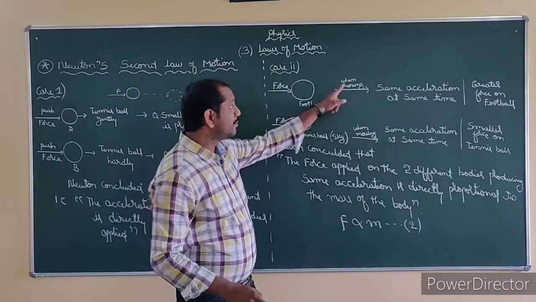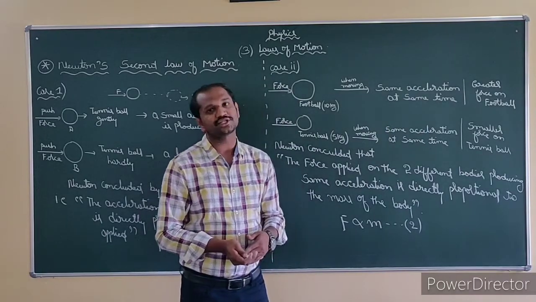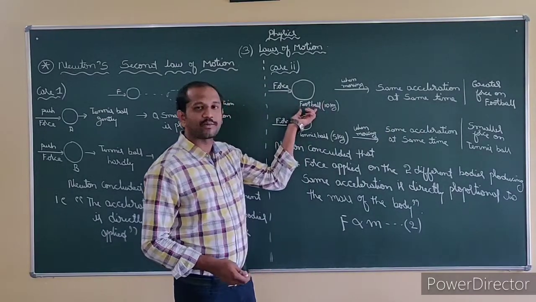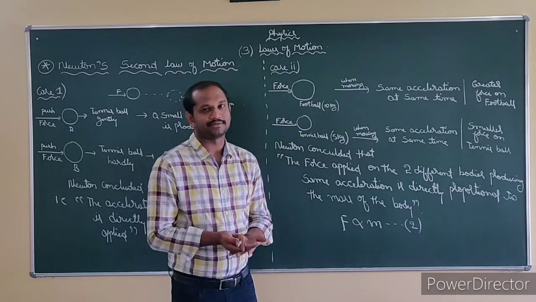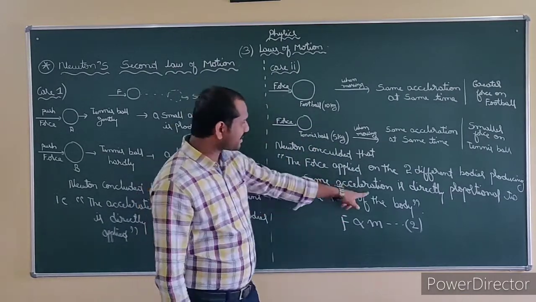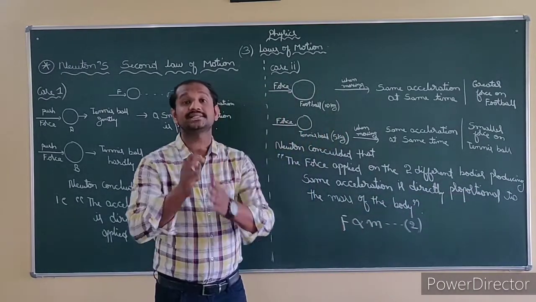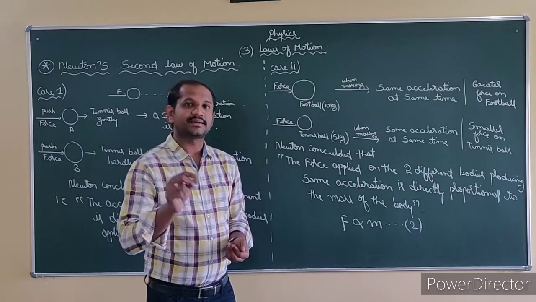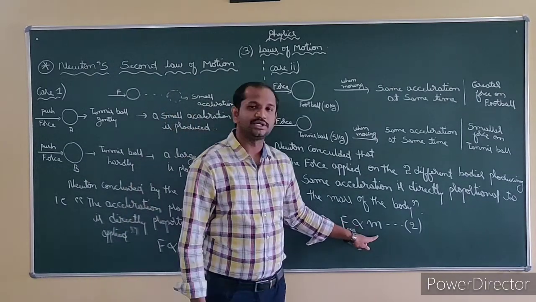When you have the same acceleration, obviously the force you apply on the football should be more than the force you apply on the tennis ball. Why? It is directly proportional to the mass of the body. That is, force is directly proportional to mass.